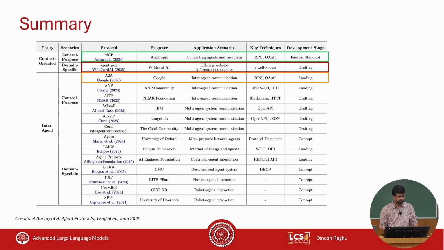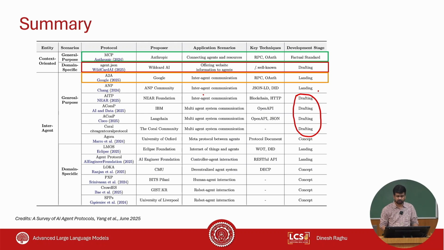And lastly, we saw a protocol that was still in the drafting stage, but it was ditched because the issue it faced was sort of solved by somebody else. So if you see here, there are a lot of drafts, and some are landing where they are in the same domain as something that's getting more popularity. So most of these will die out and only a couple of them will survive.